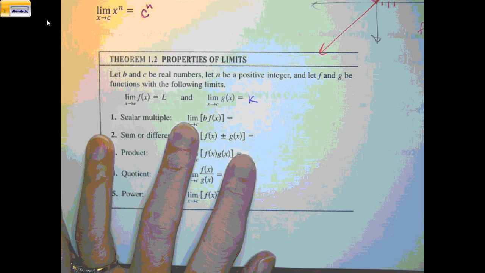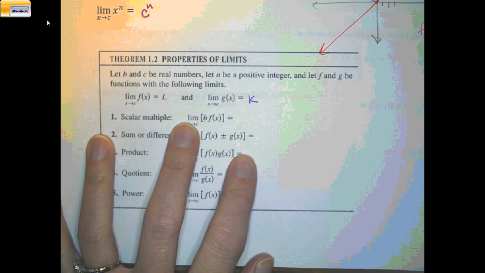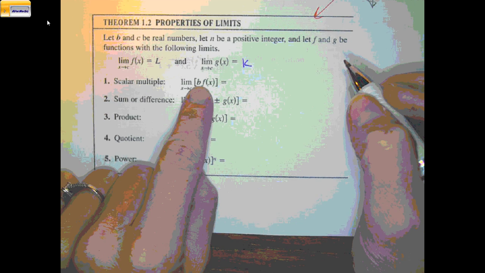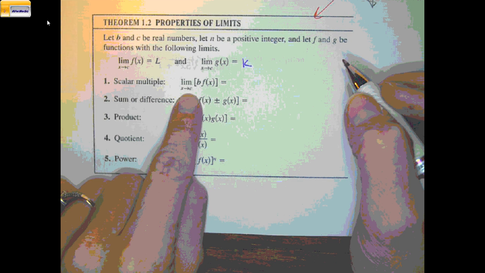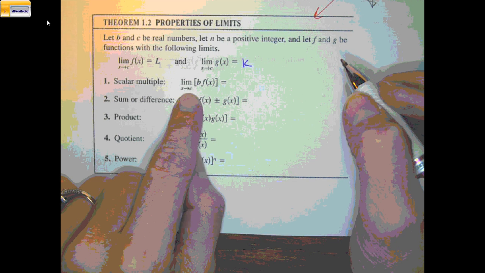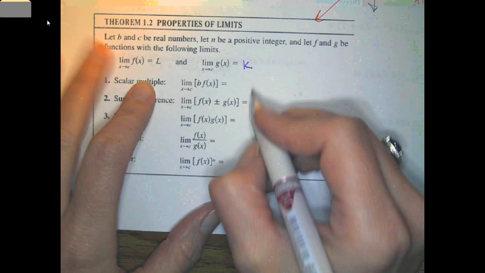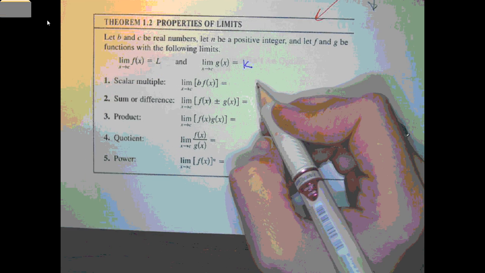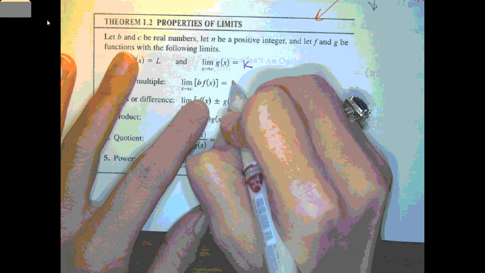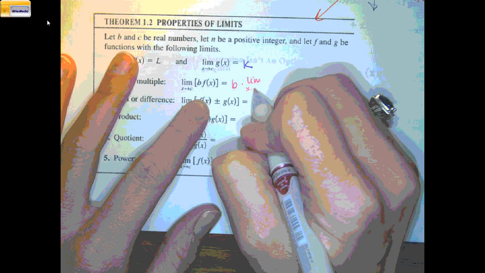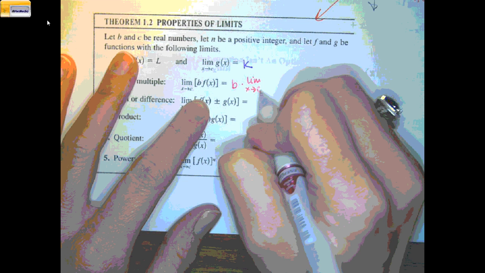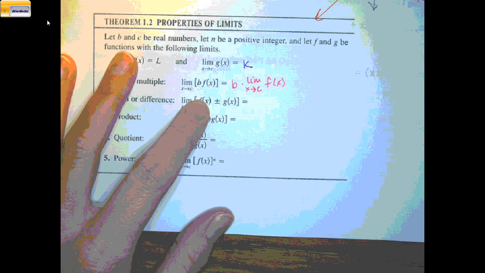Scalar multiples. They're saying if you have some number, a scalar, times the function, and you're looking for the limit, here's what's happening. And I'm not going to make you write all of this, but you could take b times the limit of f of x as you approach c.